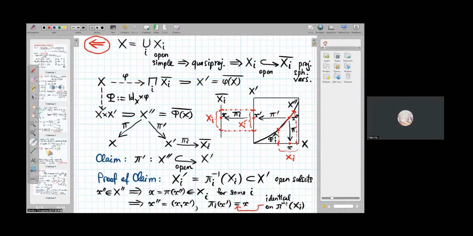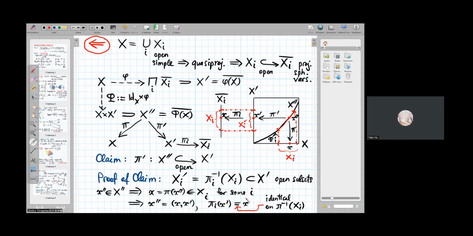Okay. Now this means that this point x prime belongs to the open subset xi prime, which we defined as the inverse image of xi under the map pi, because under the map pi, this point goes to x, and x is in xi.